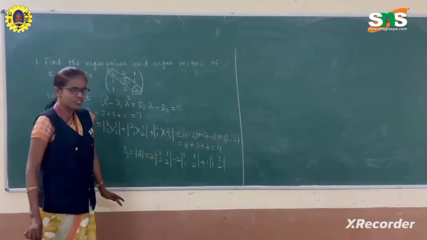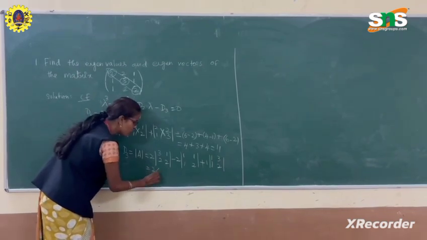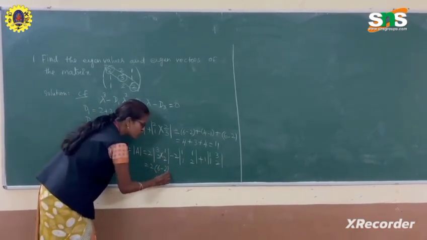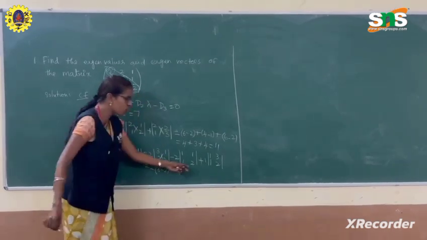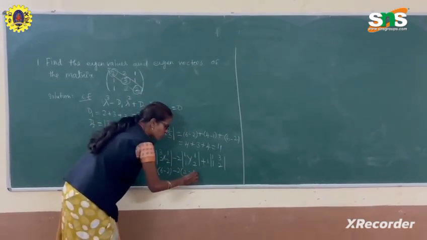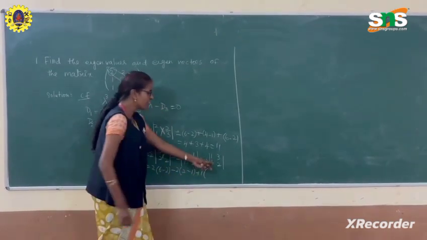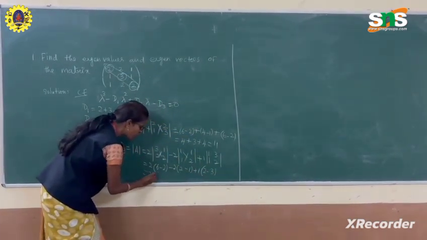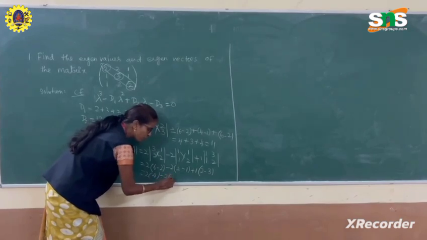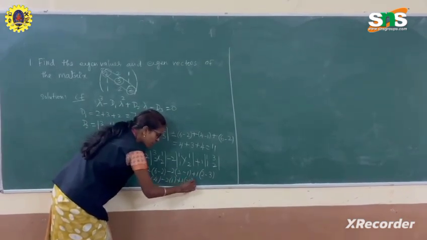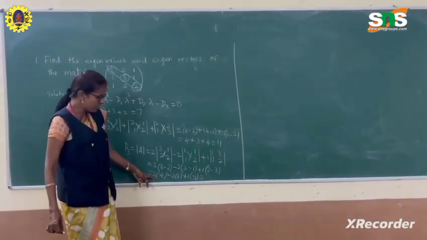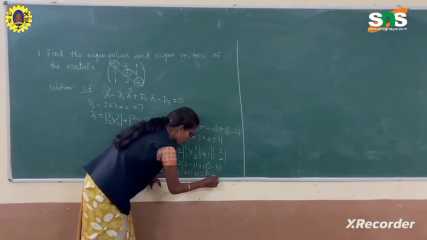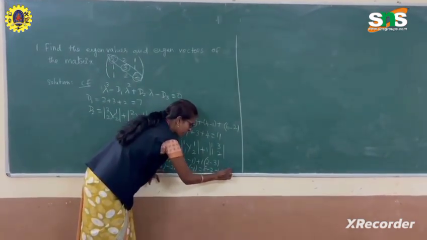Now we expanded along the first row. Just find the value. So 2 into, this one is what? 6 minus 2. So this is minus 2 into, this one is 2 minus 1, and plus 1 into, the next one is 2 minus 3. Finally the value is 2 into 4, minus 2 into 1, plus 1 into minus 1. 2 into 4 is 8, so 8 minus 2 minus 1, which is nothing but 5.